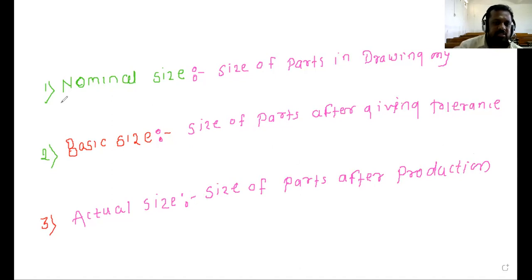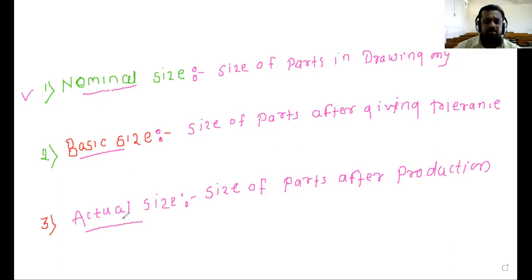Okay. Now please note down the definitions. Nominal size, it is a very simple definition I have prepared. Nominal size is nothing but the size of part in the drawing only. Then basic size is nothing but the size of part after giving the tolerances, and actual size is nothing but the size of part after production.